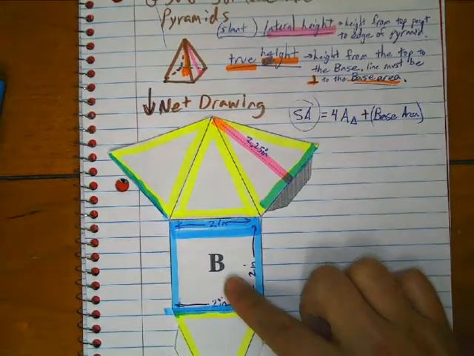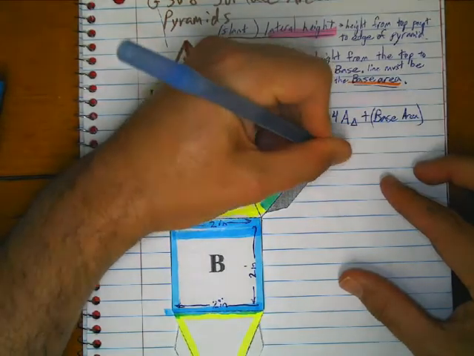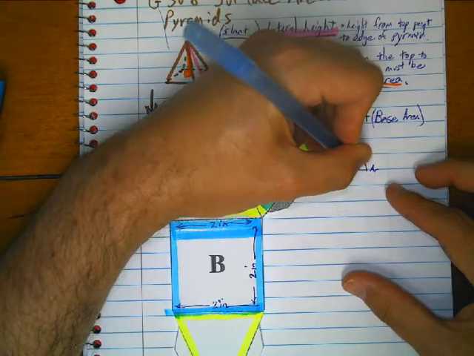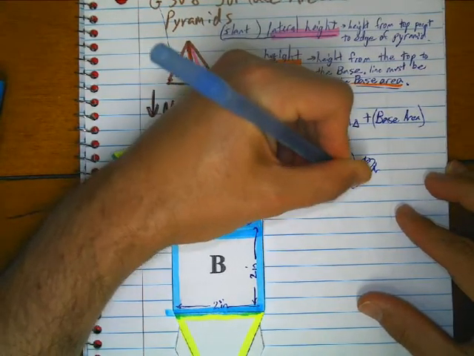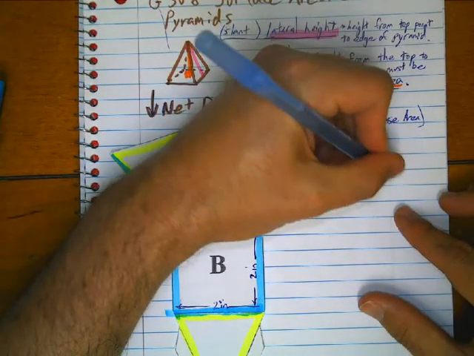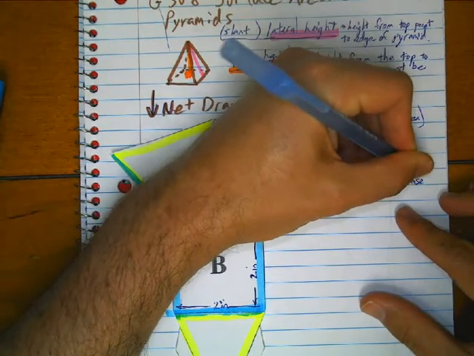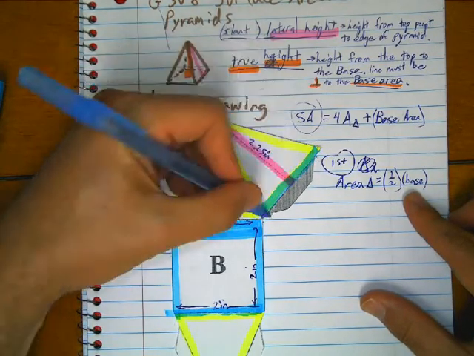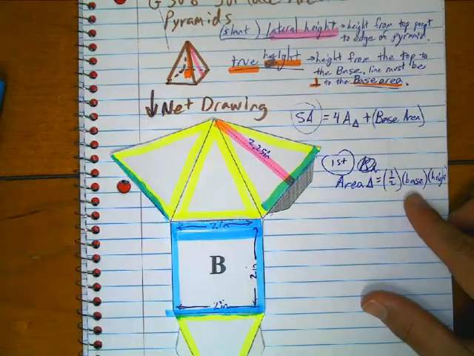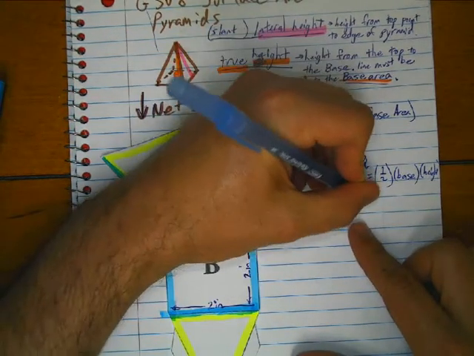So first let's find the area of the triangle. The area of any triangle is 1/2 base times height. I'm using a lowercase b because that's the length of the line. So this base is 2 inches.